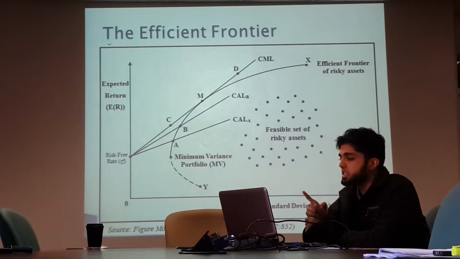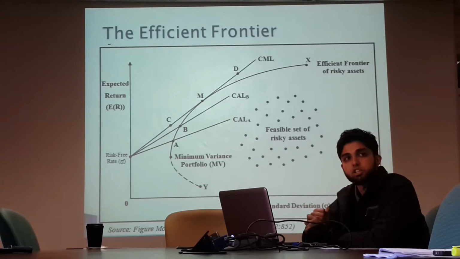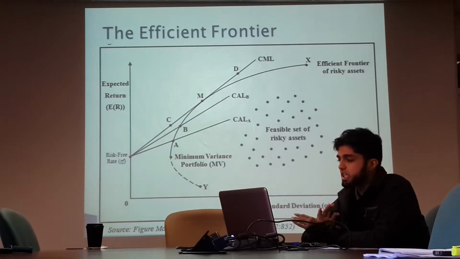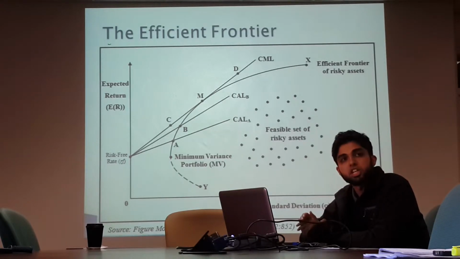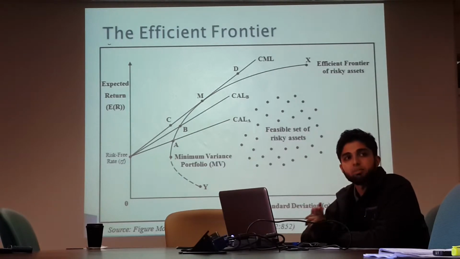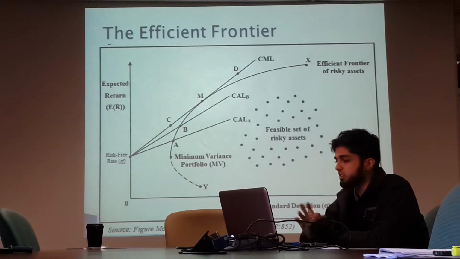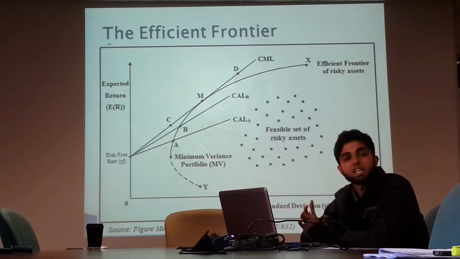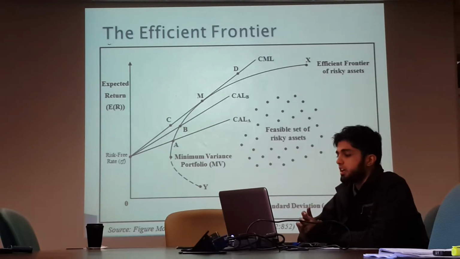So in this case, we see that capital allocation line B dominates capital allocation line A. If we keep ratcheting up the capital allocation line, we reach the point of tangency between the capital allocation line and the efficient frontier of risky assets, which occurs at point M. This is the highest attainable capital allocation line, now dubbed the capital market line.